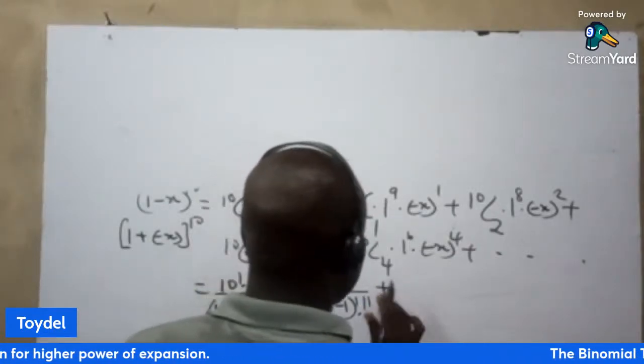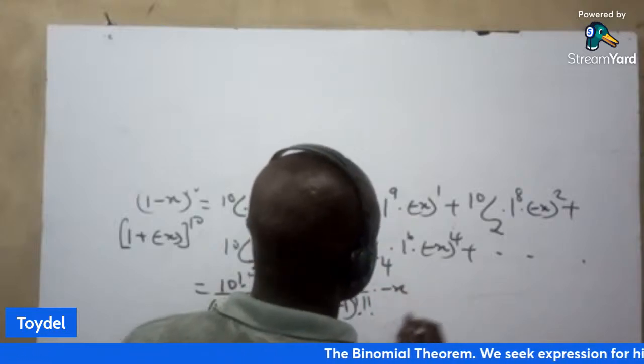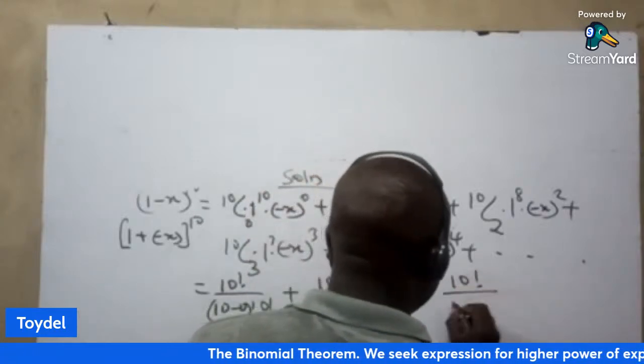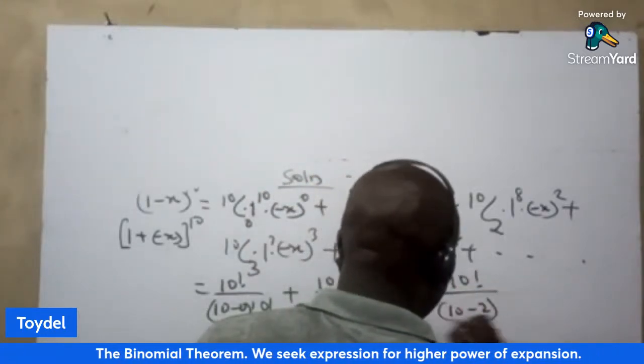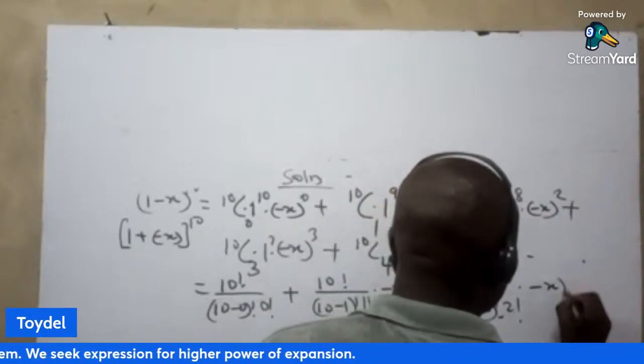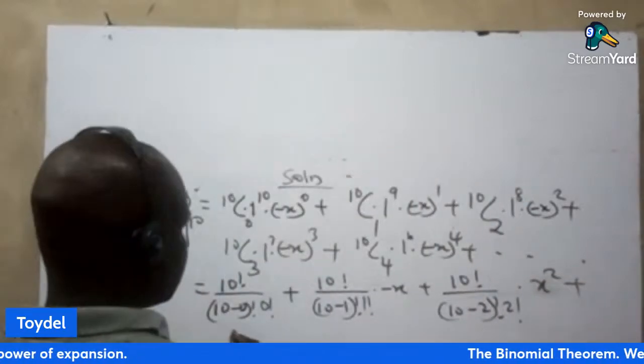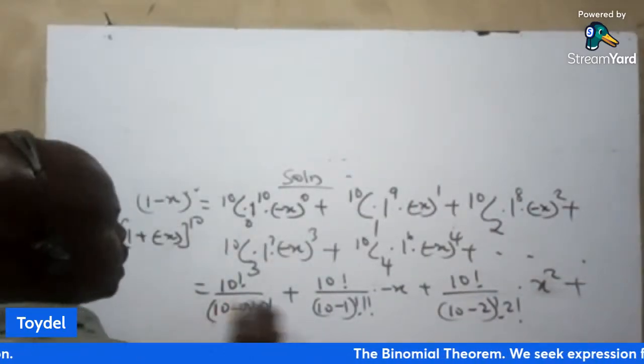Then 1, multiplied by minus x, plus 10 factorial over (10 minus 2) factorial, 2 factorial, multiplied by minus x squared. Minus x squared is x squared.